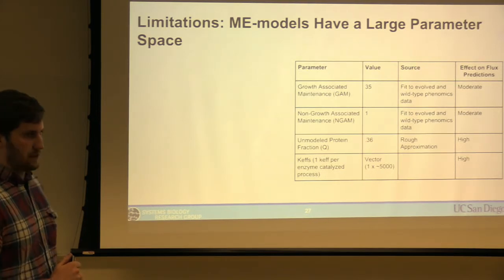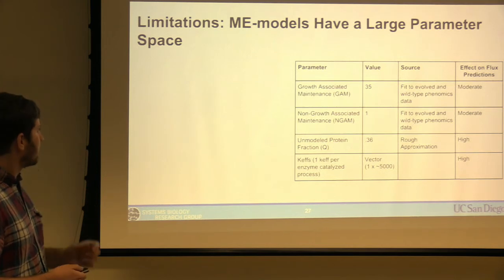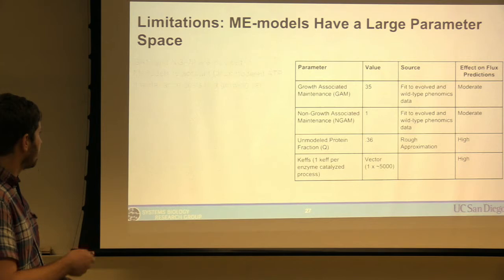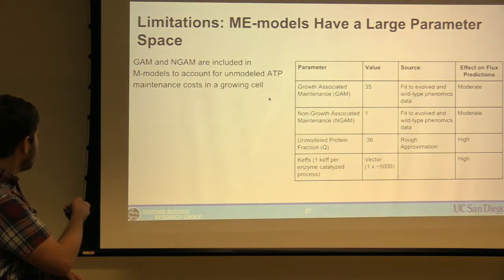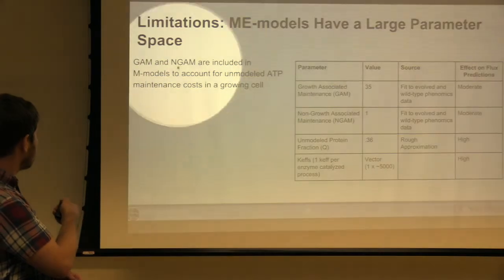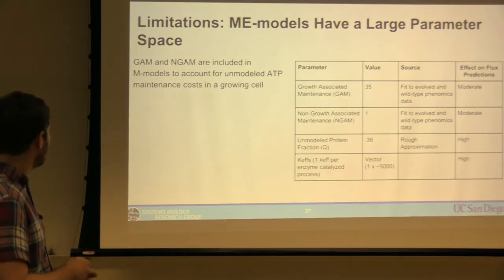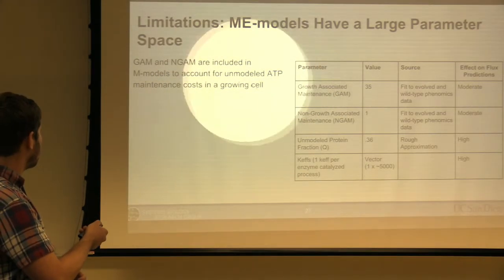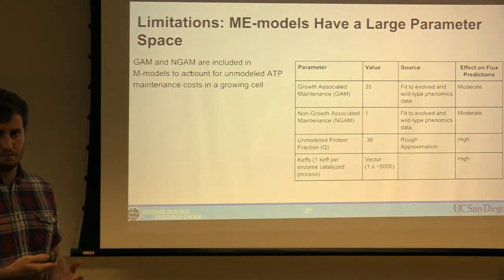So now I'm going to talk a little bit about the limitations of an ME model. The most obvious one is that they have a fairly large parameter space. So we have parameters that are similar to the M model, which are the growth-associated and non-growth-associated maintenance terms, or the ATP demand terms, which basically account for all the ATP that's not modeled when considering the cost of the cell when growing.